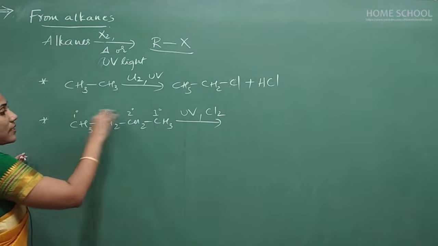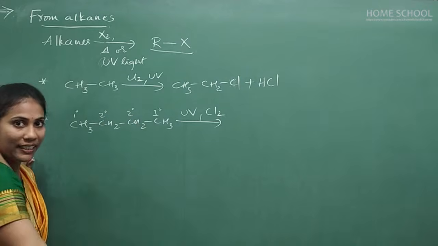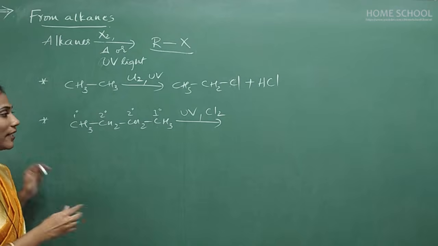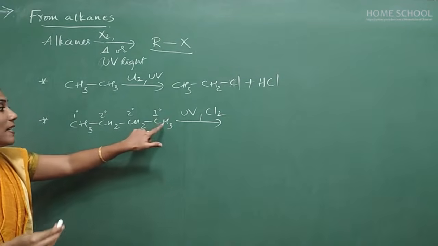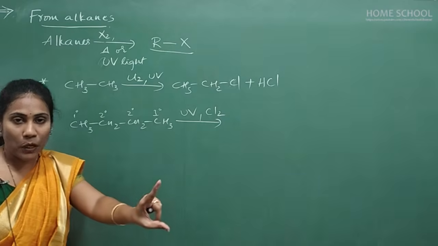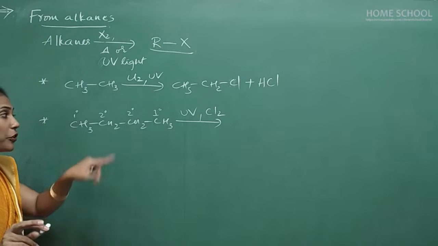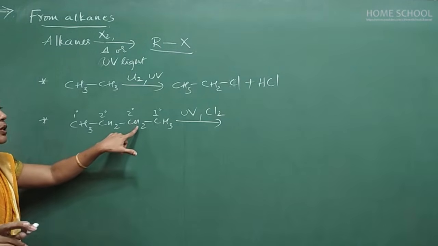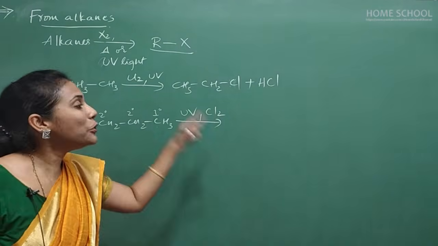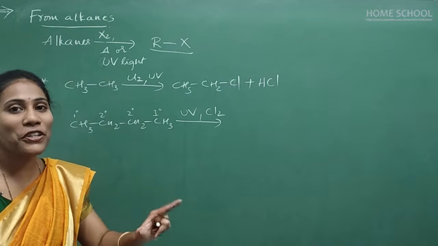So hydrogens of primary carbon are of one type, hydrogens of secondary carbon are of another type. I can either replace primary hydrogen with chlorine, that is one product, and I can also replace any secondary hydrogen with chlorine, that is the second product. So this way two products, that is two isomers, you are going to get.